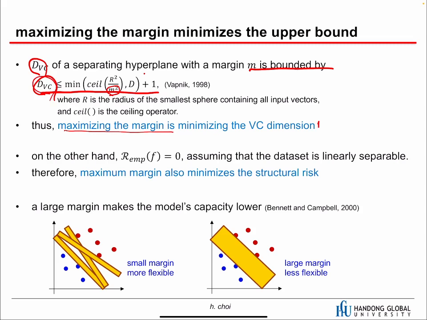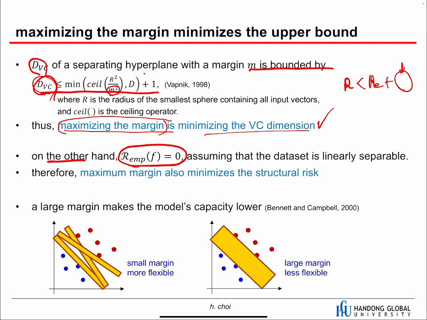Remember, in the previous upper bound, we have the risk and the empirical risk plus some term. Maximizing the margin minimizes the VC dimension, which means we minimize this term. On the other hand, since the data is linearly separable, the empirical risk is 0.